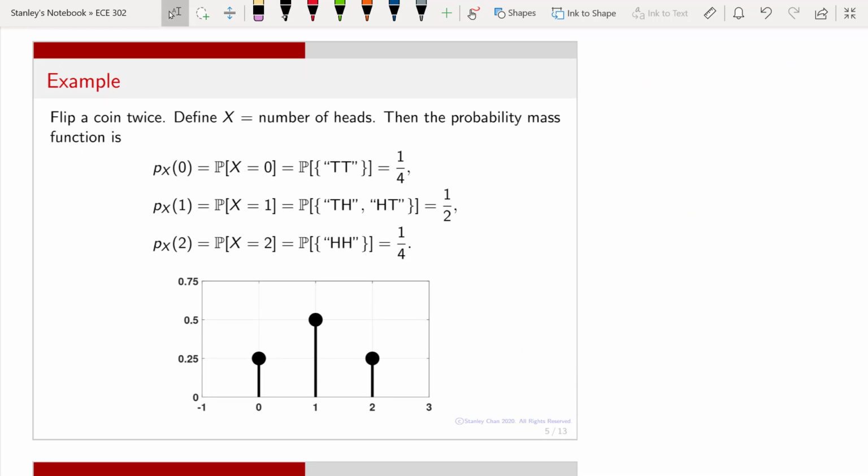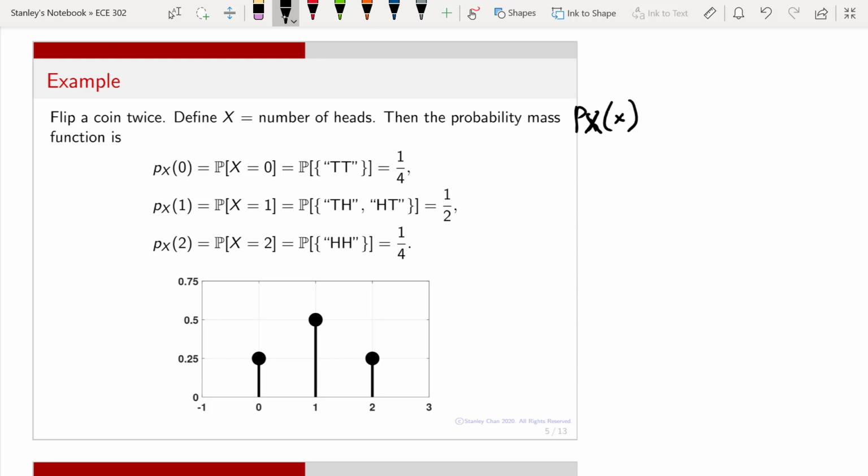Let me describe an example to make this clearer. Suppose you flip the coin twice, and then you define x as the number of heads. Then the probability mass function will be p_X(x). And now there are two different x's. One is a big X, and then here it will have a small x.